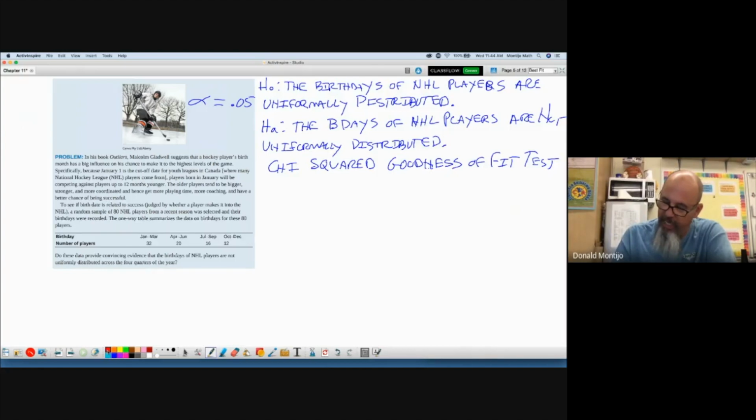We want to test that. Are we allowed to do it? Well, random, they told us. We have to assume there are more than 800 NHL hockey players.